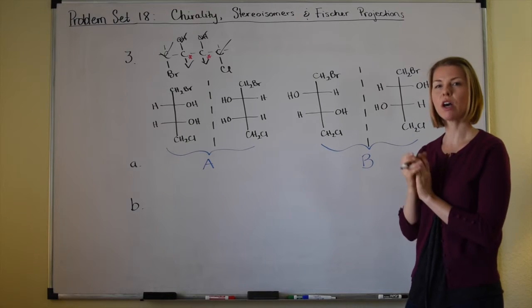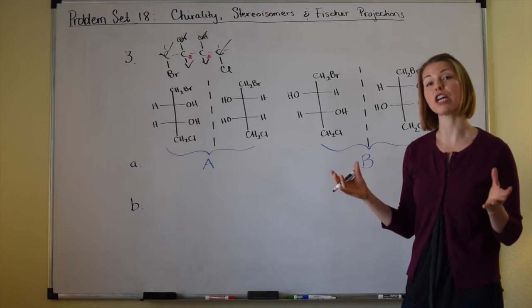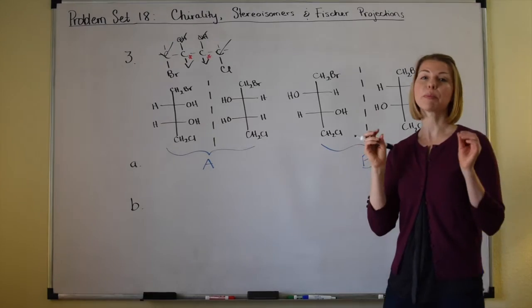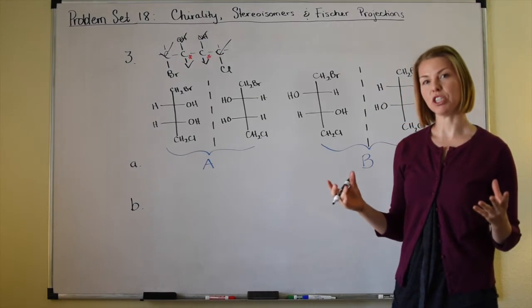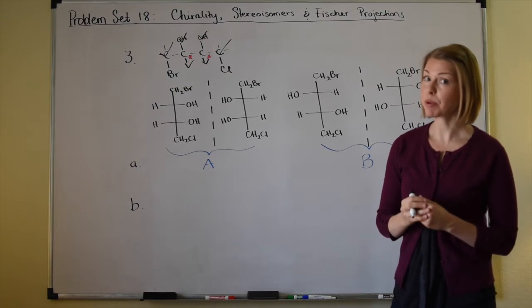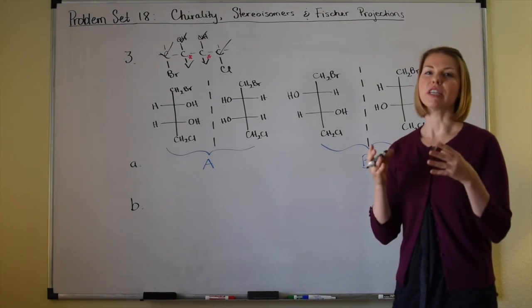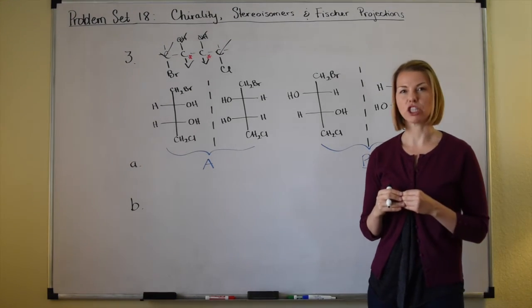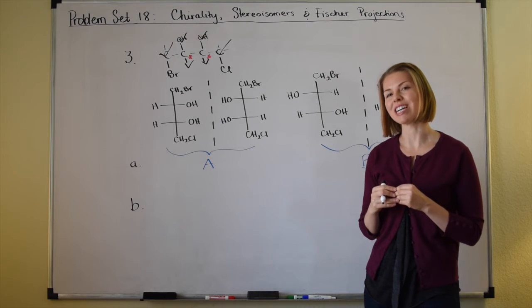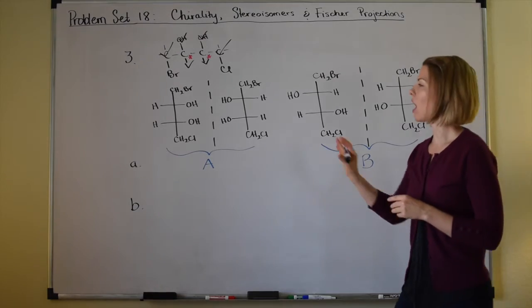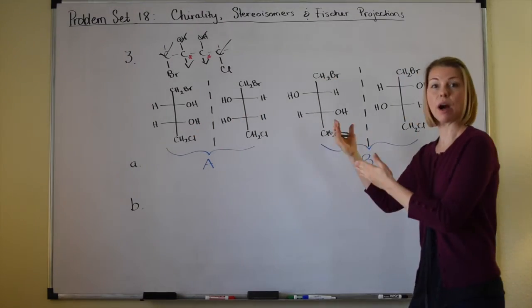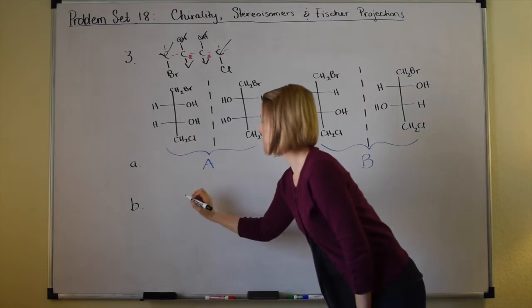Well, they would not be mirror image forms. So they would be stereoisomers that are not mirror images, which means that they can't be related as enantiomers. The word that we have to describe the relationship between stereoisomers that are not enantiomers is diastereomers. So either of A would relate to either one of B as a diastereomer.